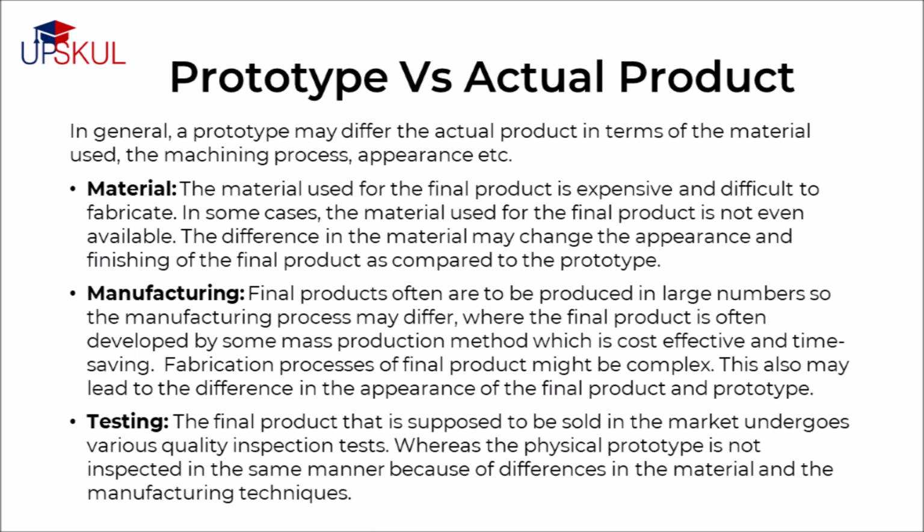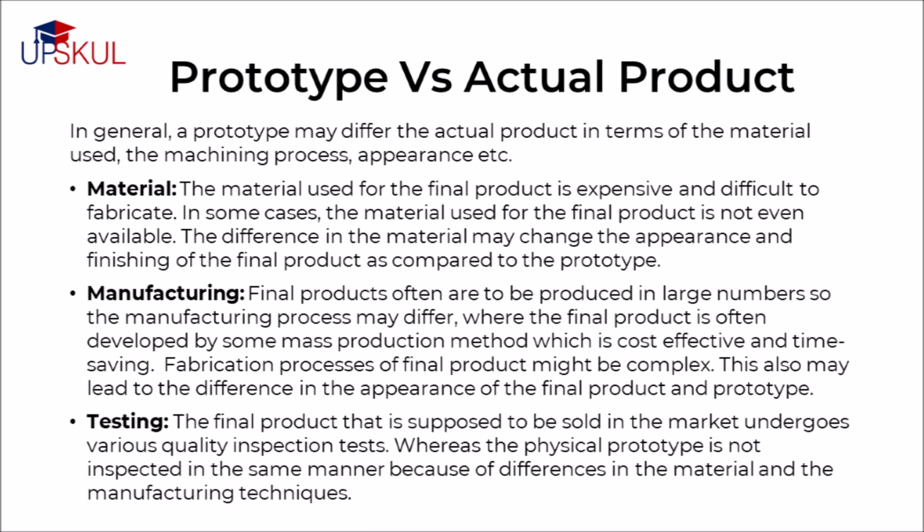This manufacturing process cannot be often used by the prototype as the material often is not the same. Moreover, the fabrication processes of the final product might be complex, so the prototype is often produced using some simple technique. This also may lead to the difference in the appearance of the final product and the prototype.